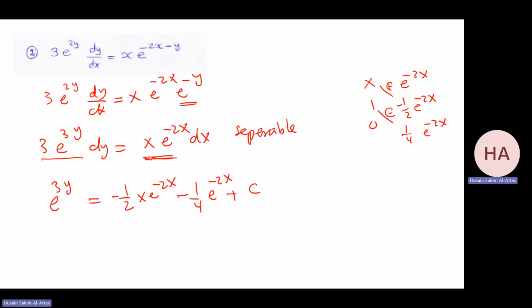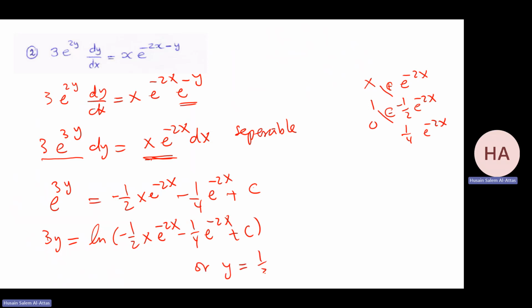If you want to make it explicit, just take ln. I have 3y equal ln of this, or I can write y equals 1 over 3 ln of all of this. That will be my solution.